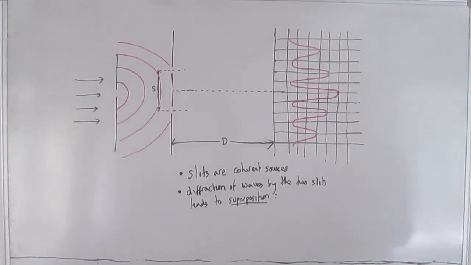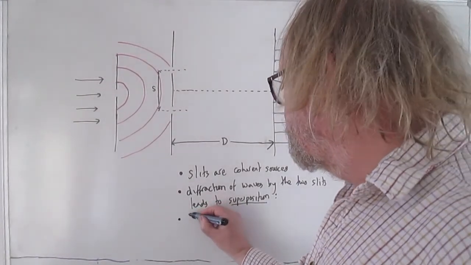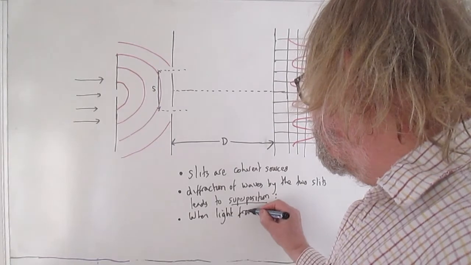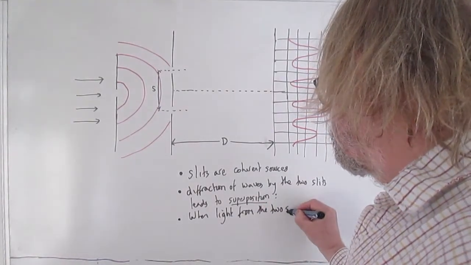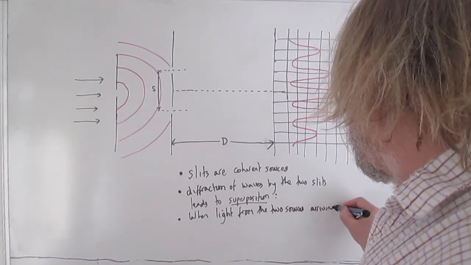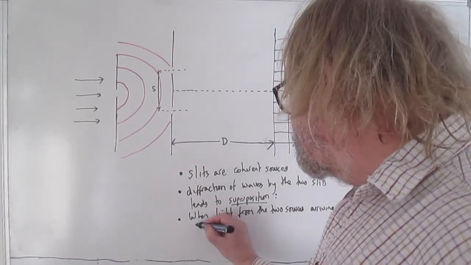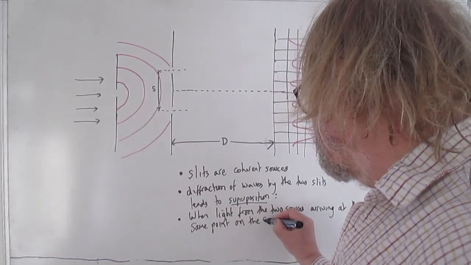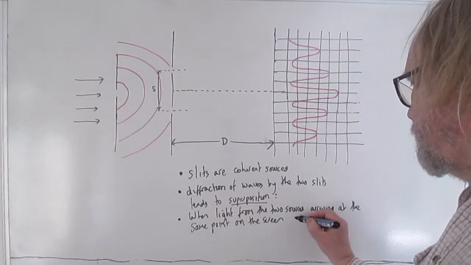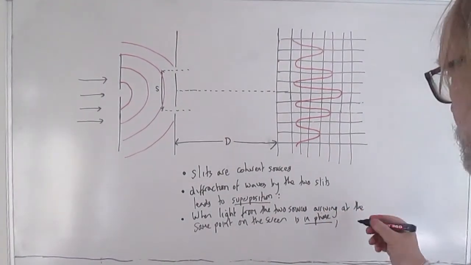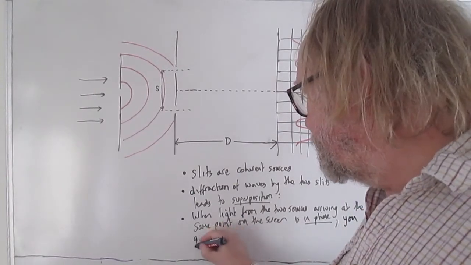That's the idea. So you need to get the idea of the word superposition in there, and then you explain that when light from the 2 sources arriving at the same point on the screen is in phase, then you get constructive interference.